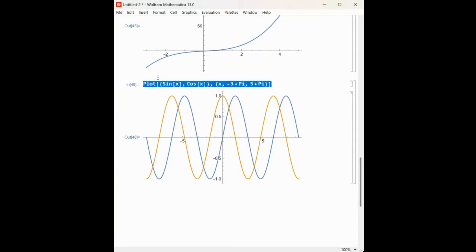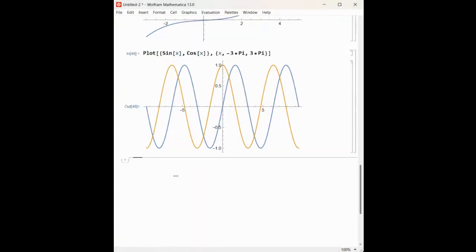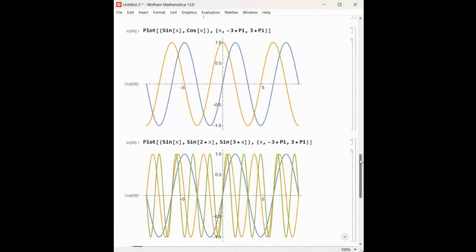And if we have several of them, for example, let me put more and see how it will be. If I say sine x, sine 2x, sine 3x, so you see several of them.